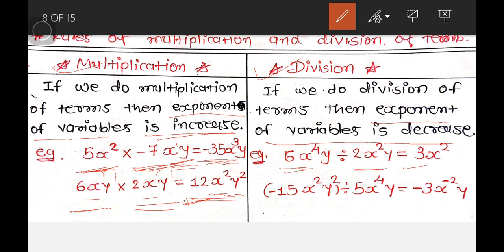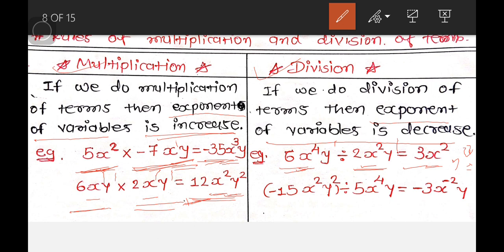Here x is raised to 4 and the second term has x square, so we subtract 2 from 4 and get x square. Here y has exponent 1 and in the other term y has exponent 1, so we subtract 1 from 1, then y has exponent 0, which is equal to 1, so we don't write it.